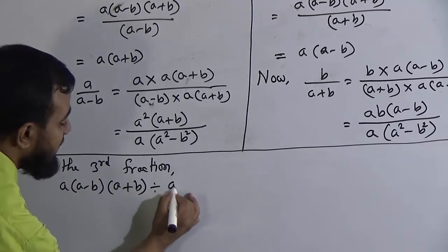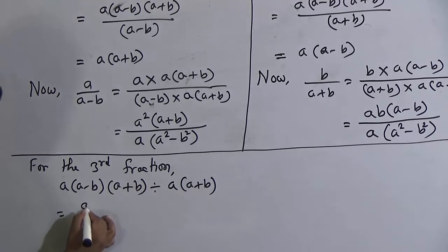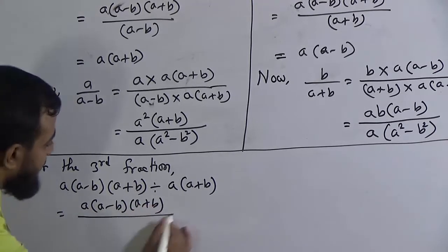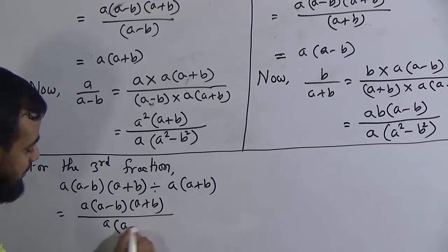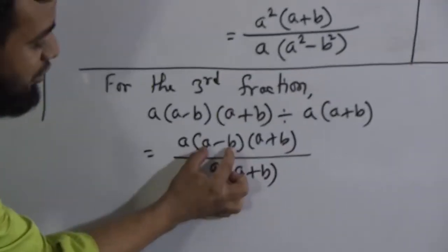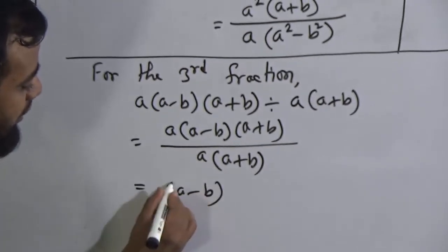The third denominator is a into a plus b. So we divide a into a minus b into a plus b by a into a plus b. Now my dear students, this a will be omitted and a plus b will also be omitted. Our result will be a minus b.